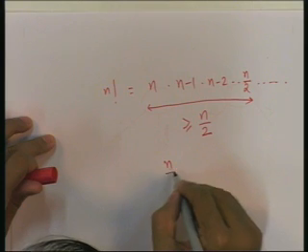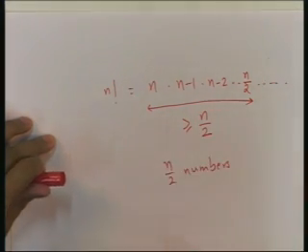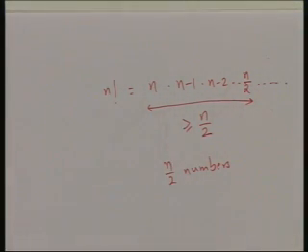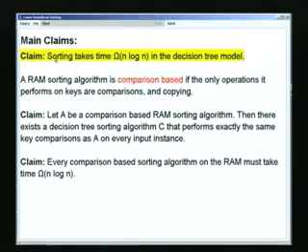Well, there are n over 2 numbers, each of which is at least n over 2. Therefore, n factorial is bigger than n over 2 to the power n over 2. So what we now have is that log of n factorial to the base 2 is at least log of n over 2 to the power n over 2. We can simplify this and we get n over 2 log of n over 2, and therefore this is omega of n log n. So what we have done so far is that we have proved this.